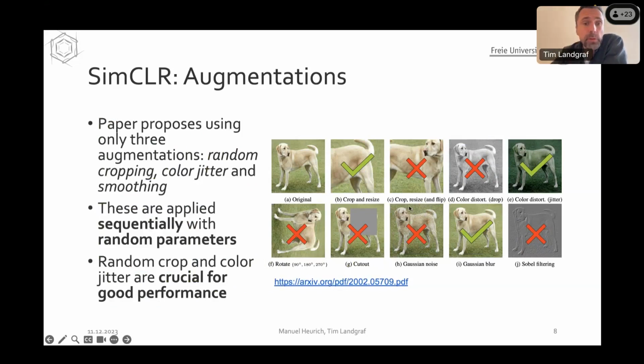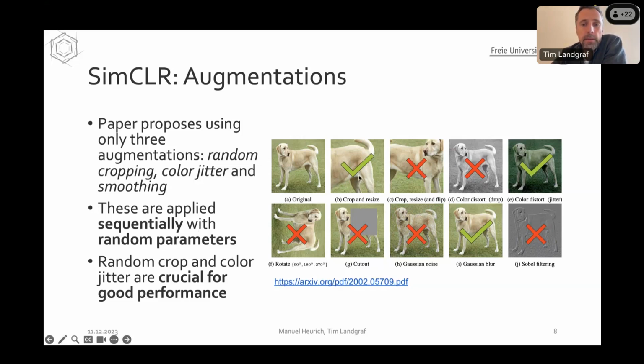The paper proposes only cropping and resizing, color jitter, and smoothing, although I think the smoothing didn't yield that much of a performance gain. I think the most impactful ones were these 2, cropping and resizing, and color distortions. We can apply them sequentially, so first cropping and then distorting the color of the crop.